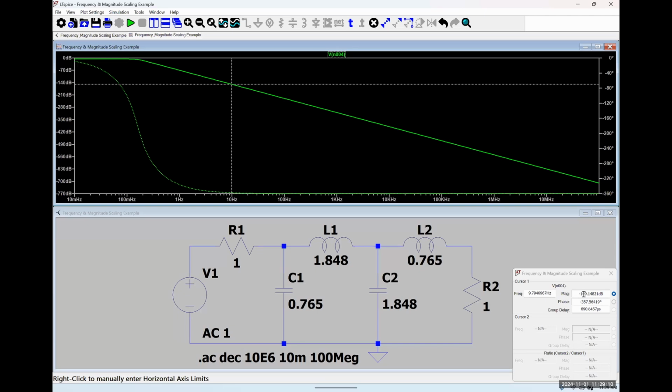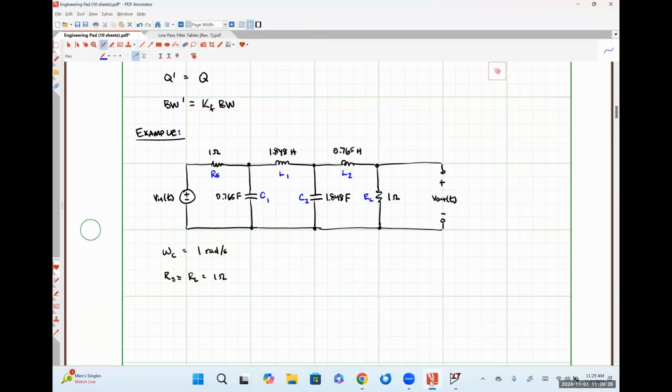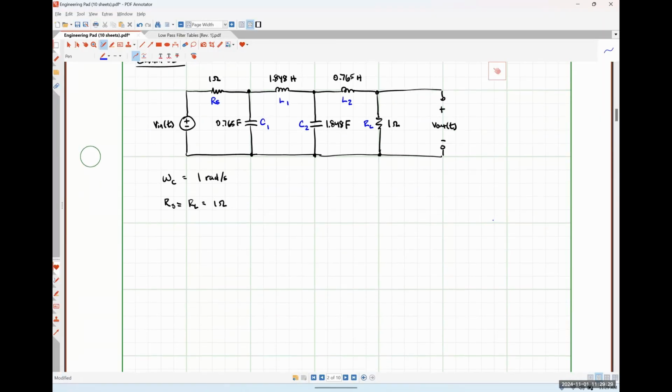All right, so just wanted to make sure that this circuit gives us the performance that we are expecting. So we do have a 3 dB cutoff frequency at 1 radian per second or 159 millihertz. So what if we wanted to design a fourth order Butterworth filter.